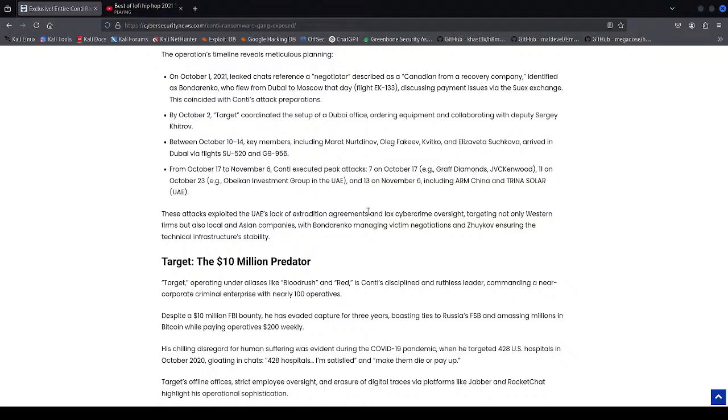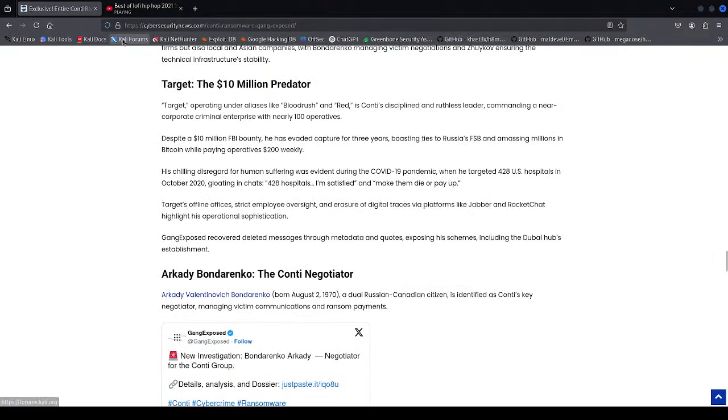So let's go down. Target the 10 million predator, right? Operating under the license, the Blood Rush, the Red is Conti's disciplined and ruthless leader, commanded a near corporate criminal enterprise with nearly 100 operatives.